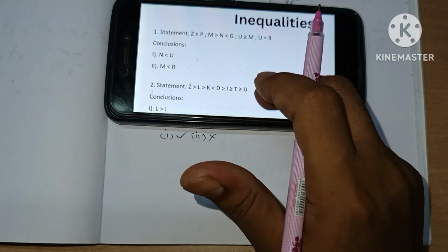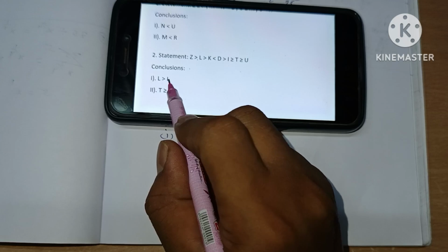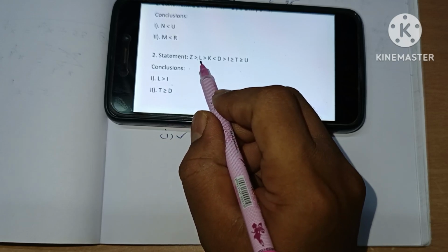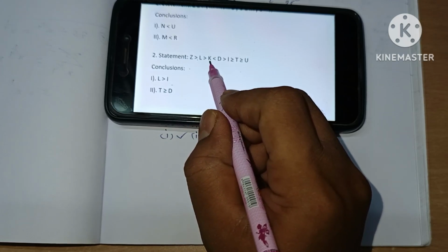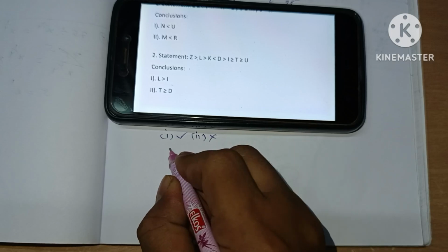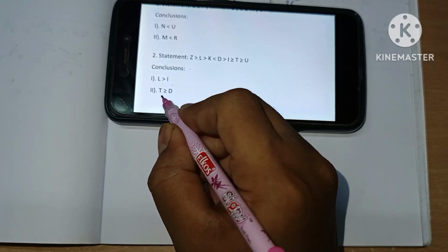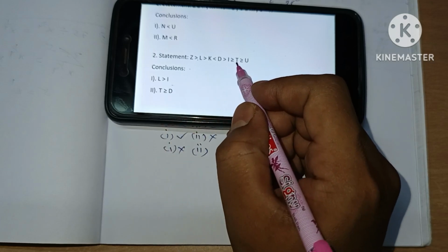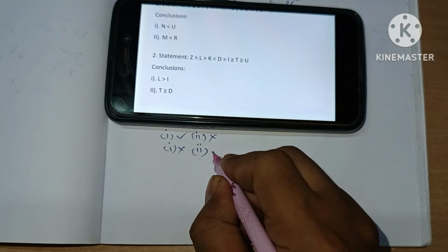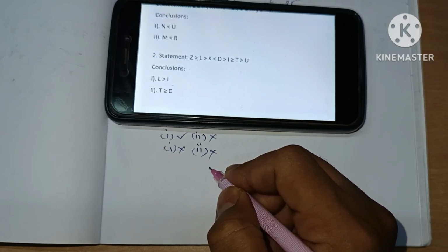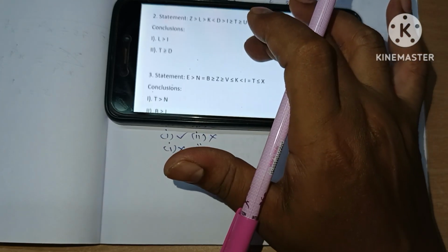Next, second question, the flow from L to I, from L we can reach to K, but none of the other. So first conclusion will be false. Second conclusion, the flow from T to D with everywhere equal to also. From T there is no flow, so second conclusion will be false. Okay, let's see question 3.